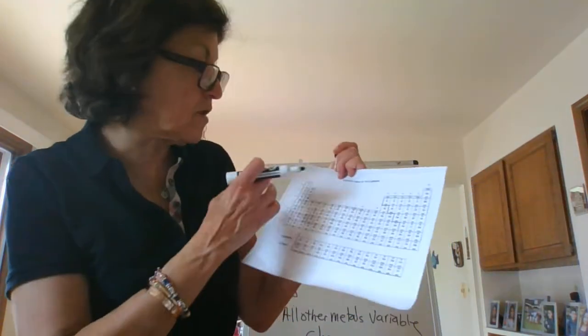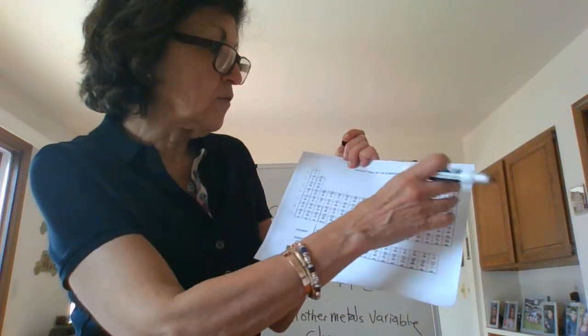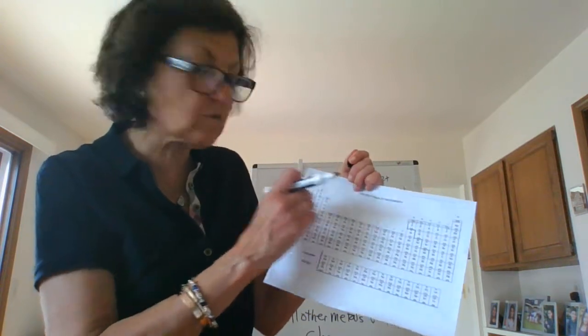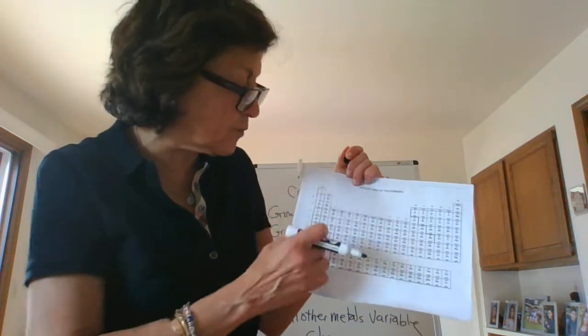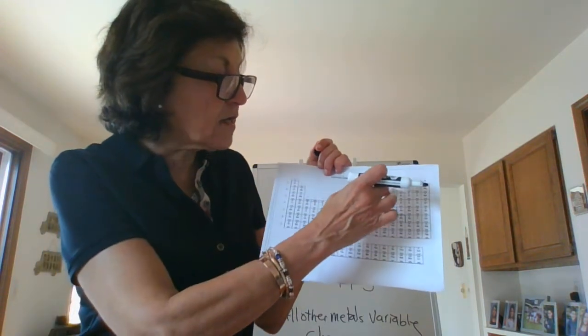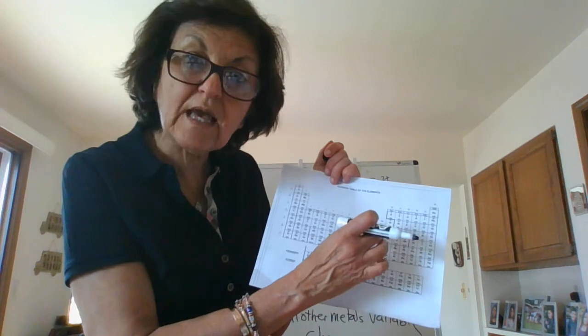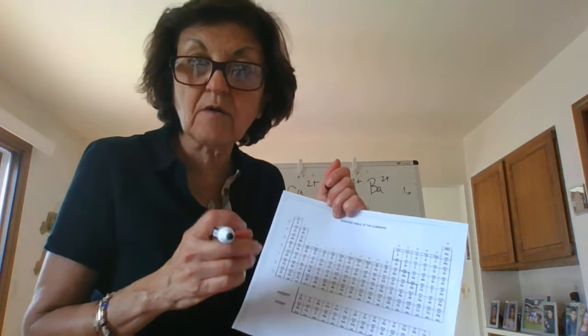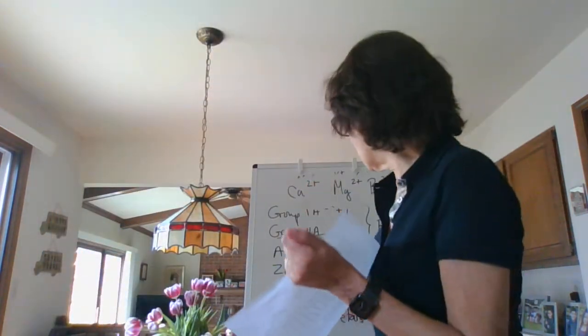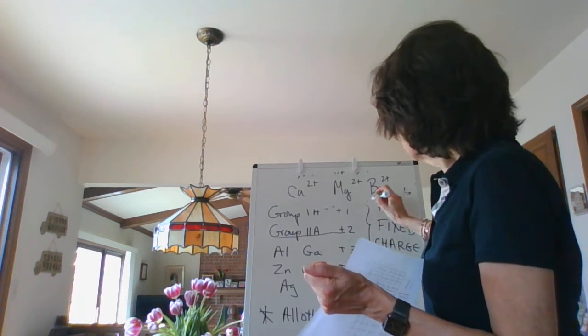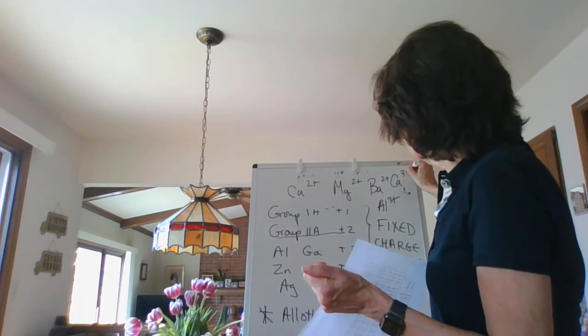Now we move over to group 3A. These are the representative elements. All right, we're not dealing with the transition ones. We're just dealing with the main group elements. So group 1A, group 2A. In group 3A, we're just focusing on aluminum and gallium. Aluminum and gallium are fixed and they are +3. So aluminum is always 3+, gallium is always 3+.